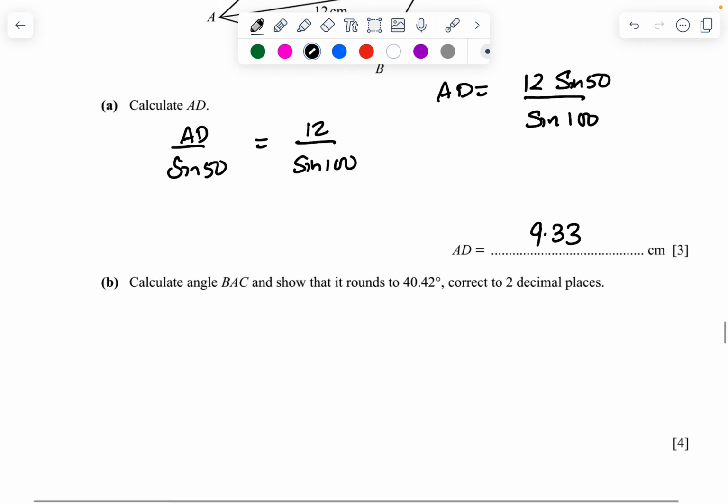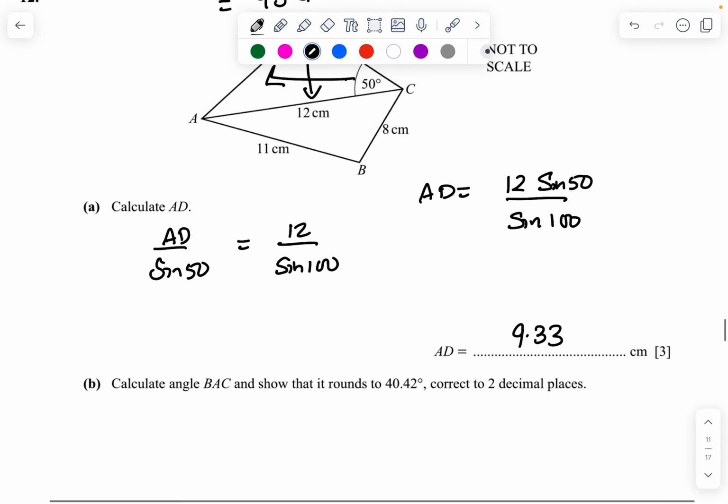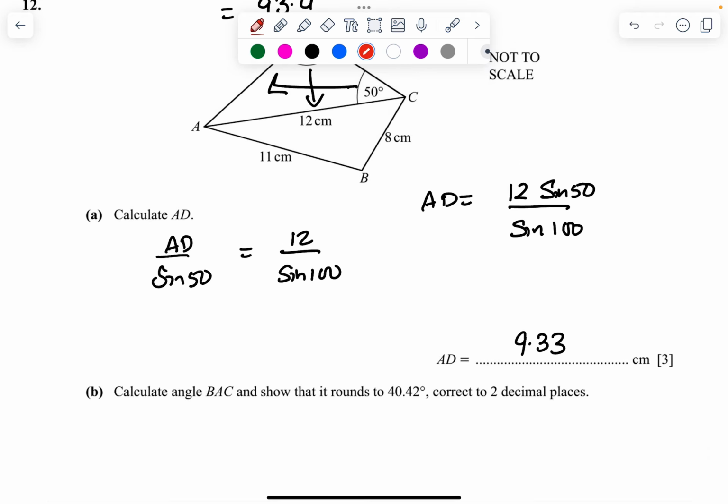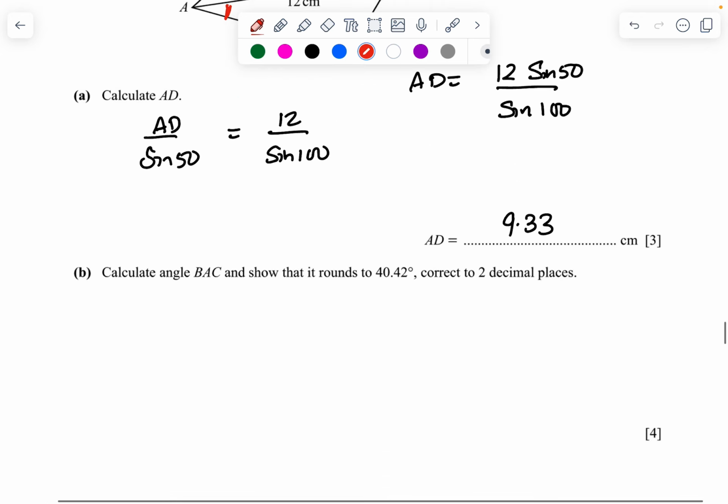Calculate angle BAC, show that it rounds to 40.42, correct to 2 decimal places. Where is BAC? BAC is this particular angle. For this, there is no matching pair, so I'm going to use the cosine rule.